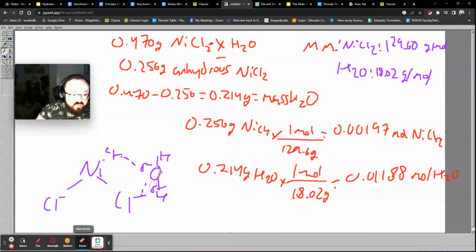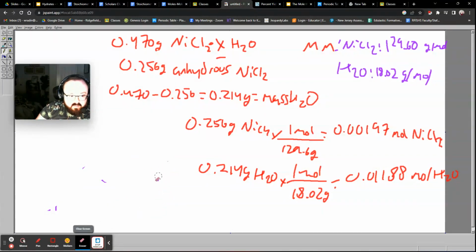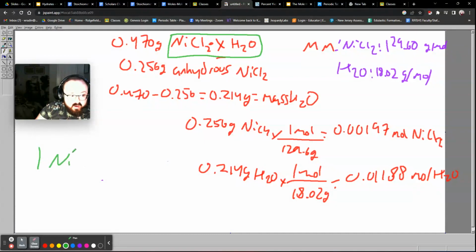It's a ratio. If I have X moles of this, how much is this? So how I like to set this up is to think of it as a ratio. You've done this in your math class. What this tells me is I have 1, because remember there's no coefficient, my coefficient's 1, NiCl2 per X H2O.